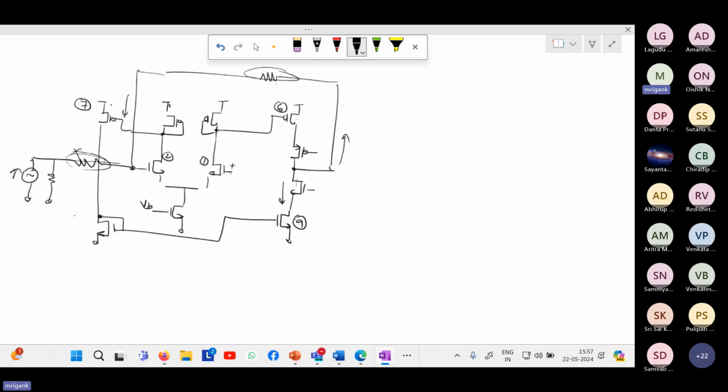If you short the output, the feedback will be destroyed, right? So at the output, it is sensing the voltage directly and converting it into a current. This is an AC ground. So based on the output, you are getting a feedback current, and that current is going to subtract from the input. So it is a voltage sensing current feedback.